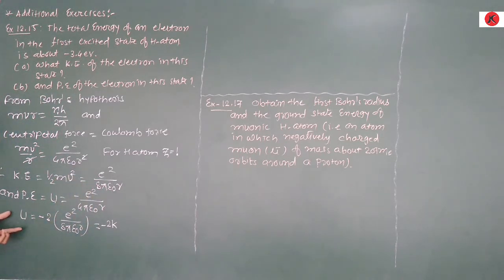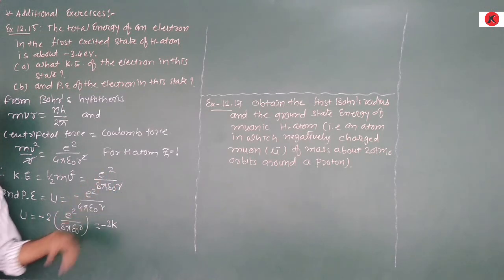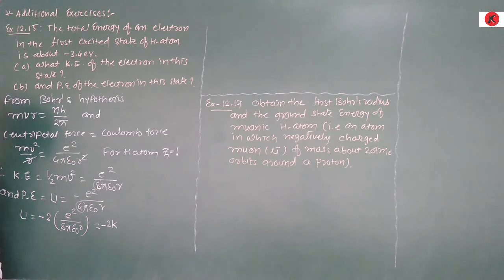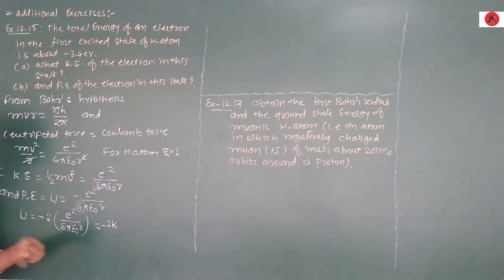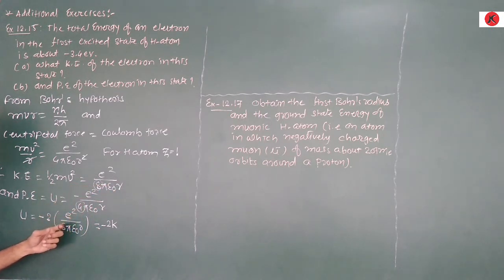Again, the potential energy is minus e square upon 4 pi epsilon 0 r, but the kinetic energy is e square upon 8 pi epsilon 0 r. The difference is the 8 and 4, so we multiply and divide the right hand side of the potential energy equation by 2.